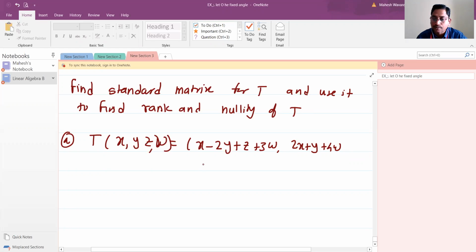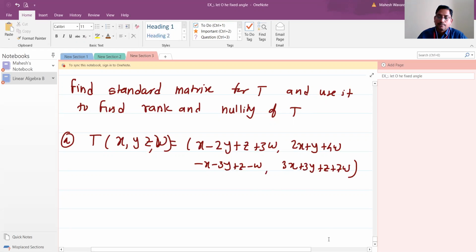Plus two components I should write here. Minus X minus 3Y plus Z minus W. So it is R4 to R4. Then 3X plus 3Y plus Z plus 7W.